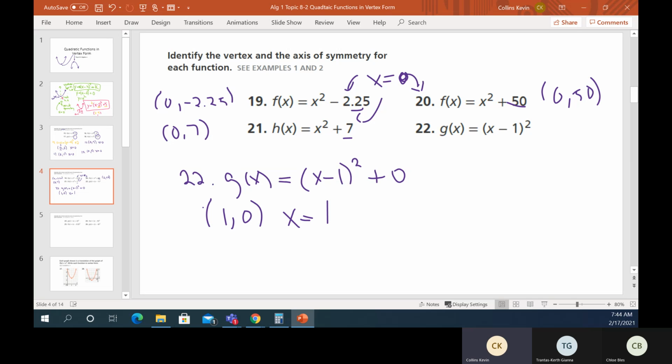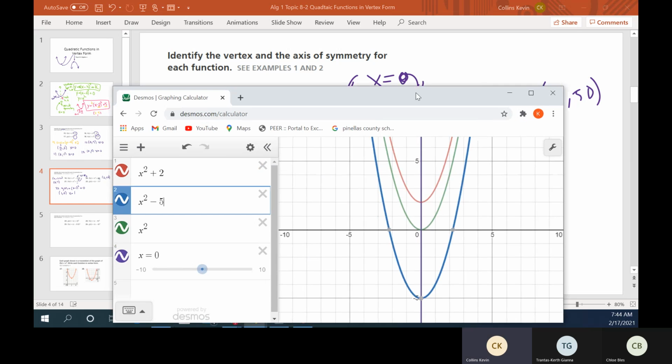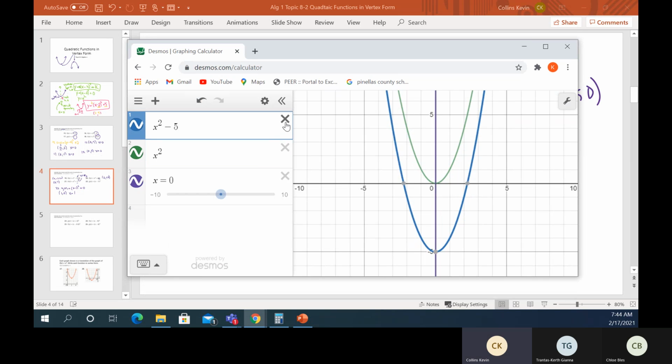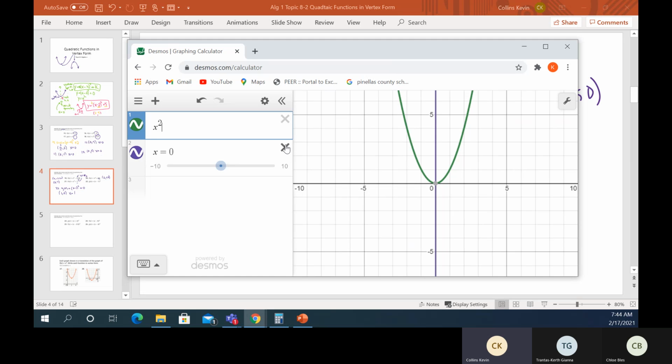Okay, so let's bring back the Desmos. All right, so we're not going to need this guy or this guy or this guy for right now. So we need this guy. Let's go ahead and put some parentheses around this, and then we have to do minus 1, right?